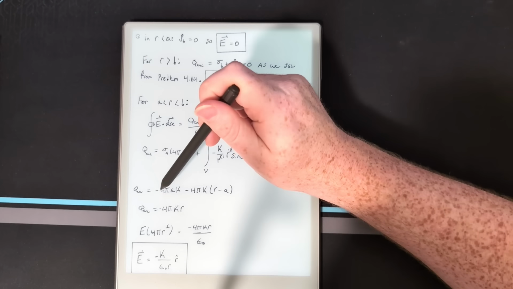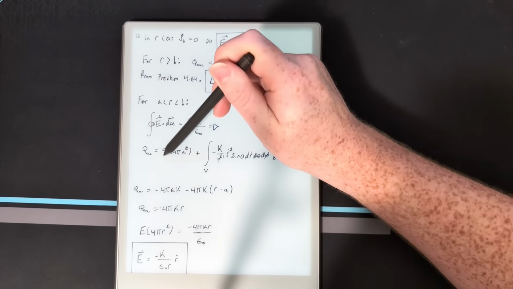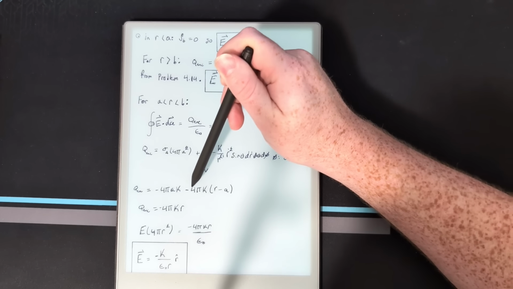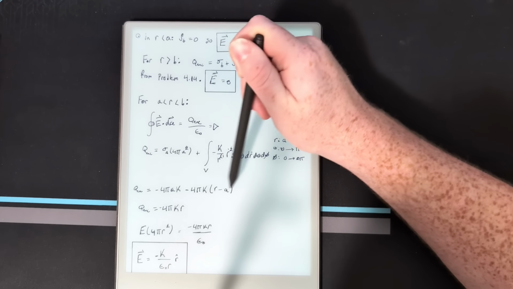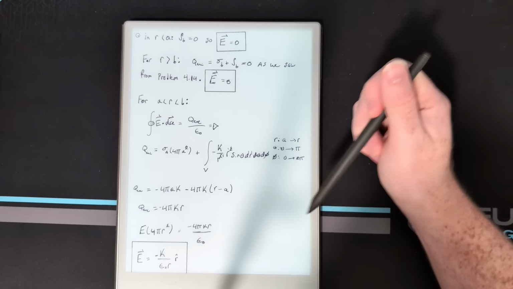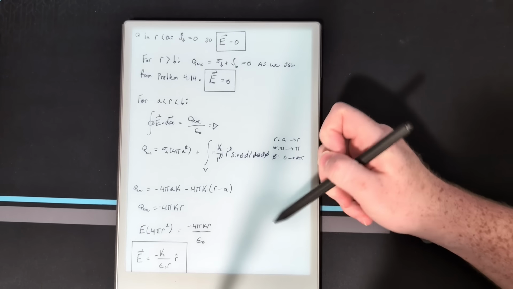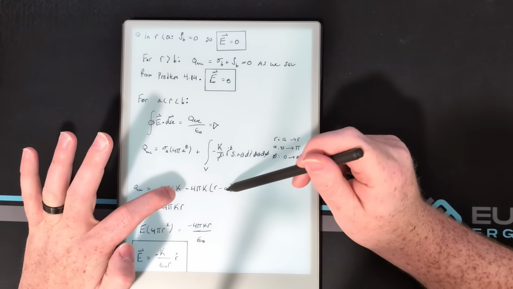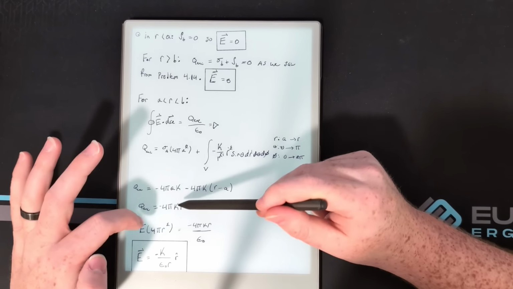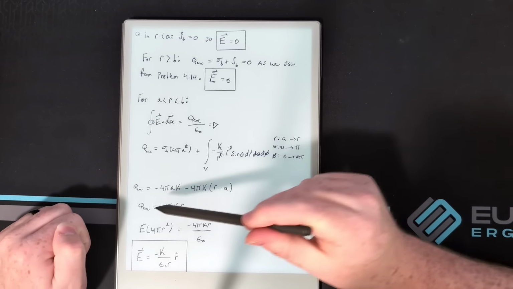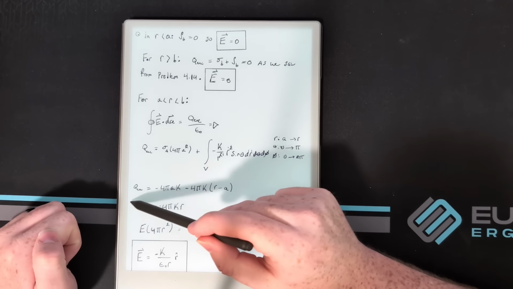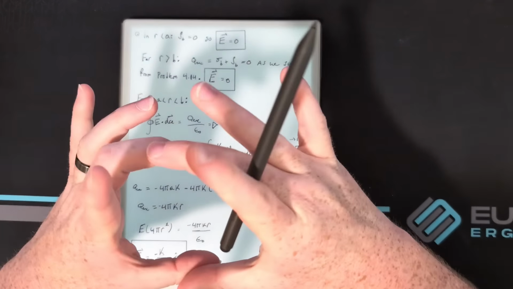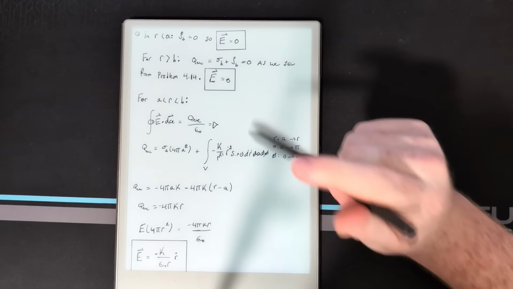So you end up getting minus 4 pi a k from this term, minus 4 pi k times (r minus a) from the integral and evaluating the bounds of the r integral. When you do this, the 4 pi a k terms cancel, but you still have a minus 4 pi k r. So our charge enclosed by the Gaussian surface is a function of r, which makes sense. It depends on how big our Gaussian surface is between the two.